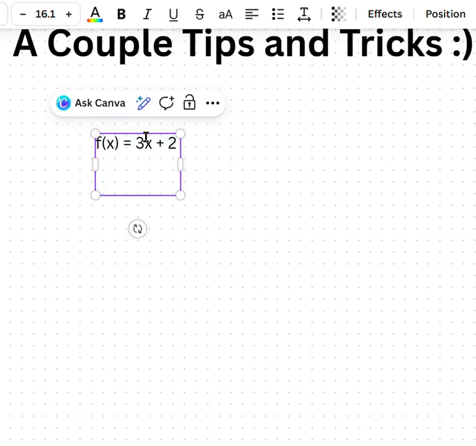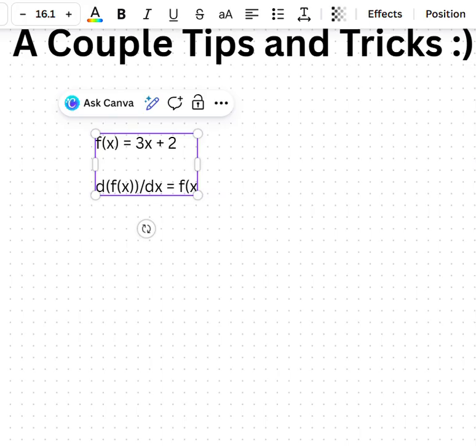The derivative of this function, which is delta f of x over delta x, would equal f of x plus delta x.